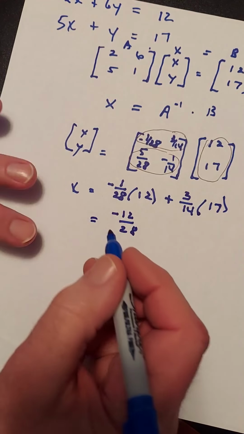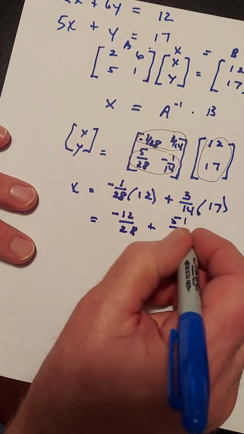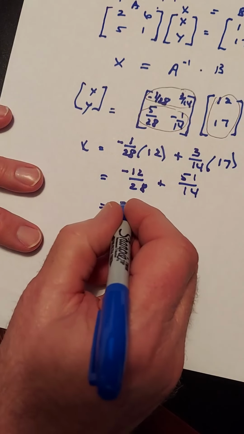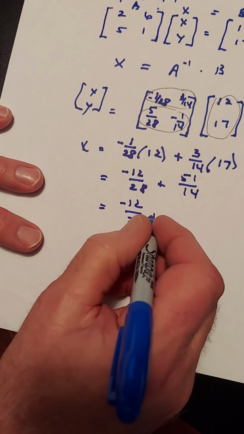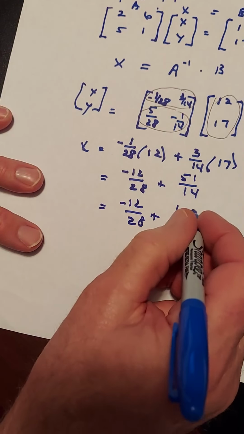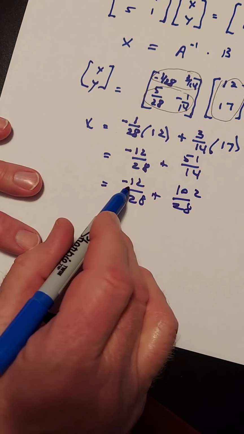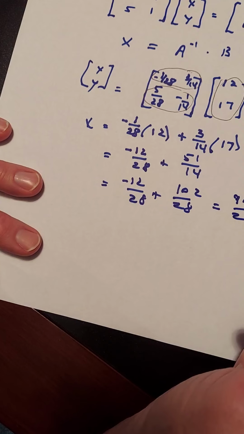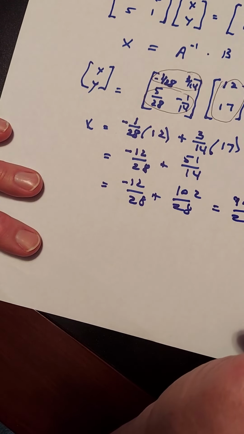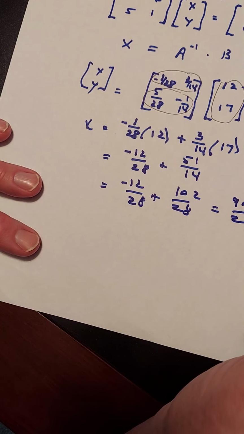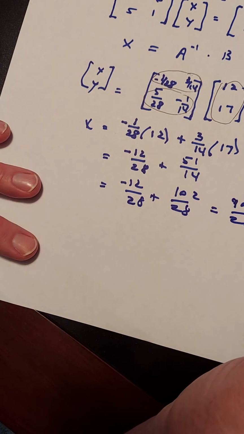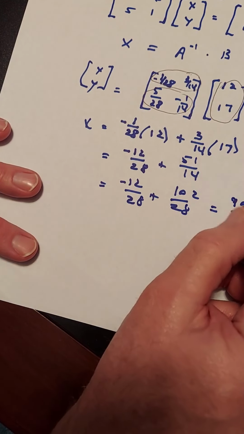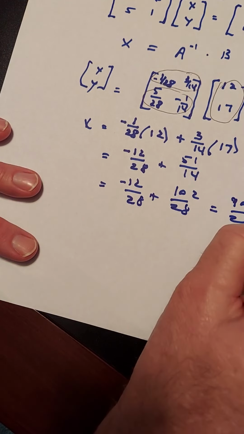Keep it simple. Plus this is going to be 51 over 14. 3 times 17 is 51. Let's get a common denominator. That's negative 12 over 28. If I made this 28, that's going to be 102. So negative 12 plus 102 is going to be 90 over 28. Seems like I've got something wrong again. So anyway, that'd be 45 over 14.